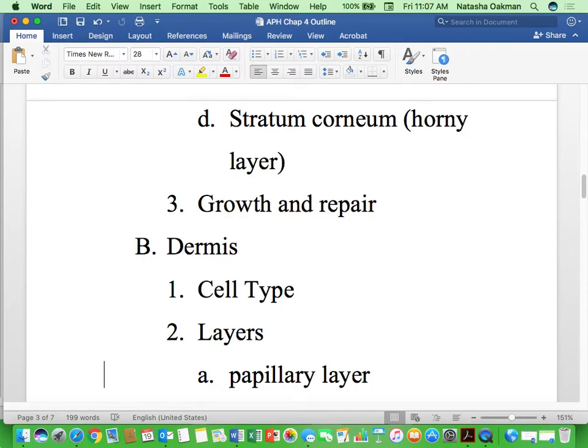These are what give you fingerprints. The root word papilla means nipple, so they're nipple-like projections.